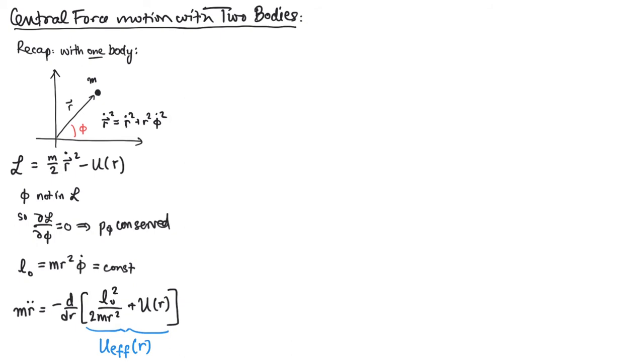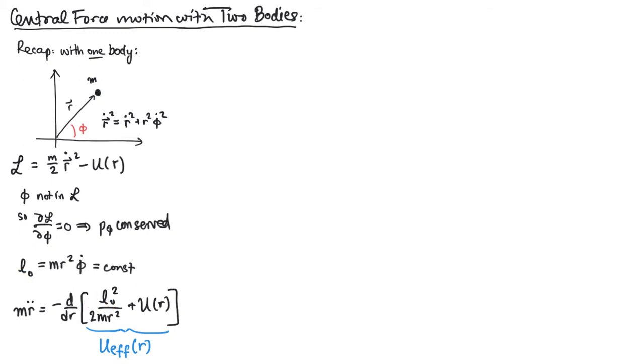And we found that we could write this as something that looked like Newton's second law, where mass times an acceleration-like term is equal to minus the gradient of a potential. That's like a force. And the thing that plays the role of the potential is not the actual potential of the interaction, but rather a combination of that potential and the so-called centrifugal term that accounts for the angular motion.